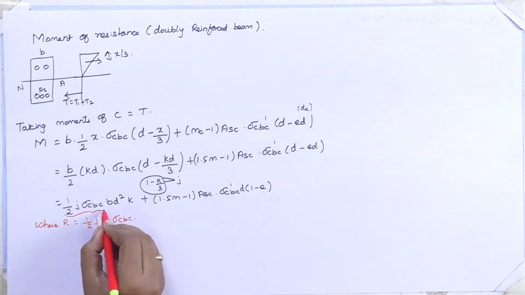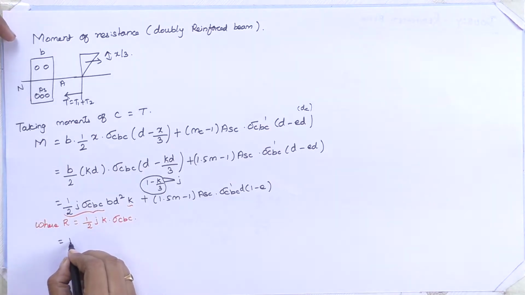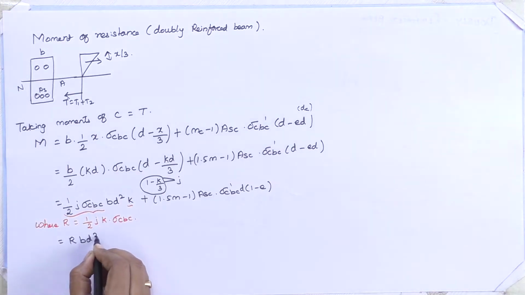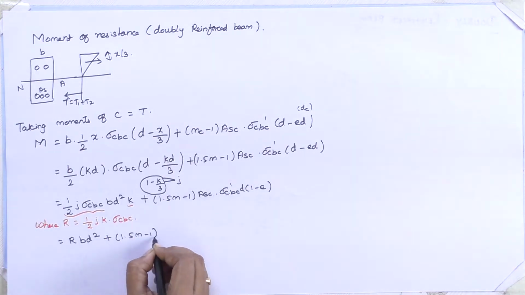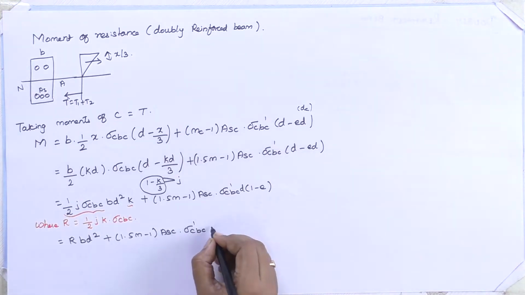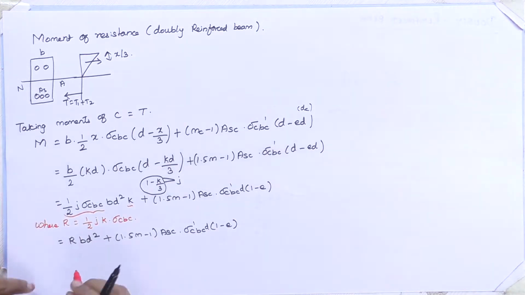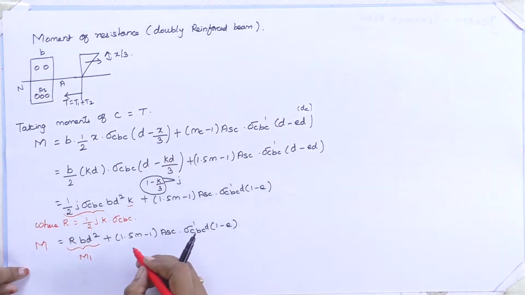So you can write R b d square plus (1.5 m minus 1) ASC into sigma CBC dash into d into (1 minus dC by d). Here this value we can call M1, where this is M, the moment of resistance.